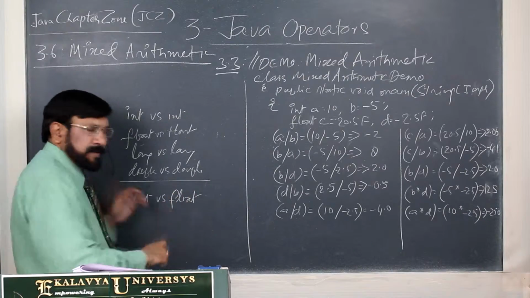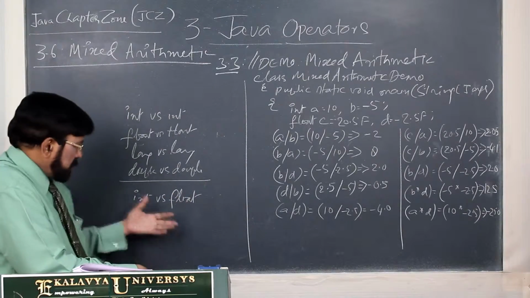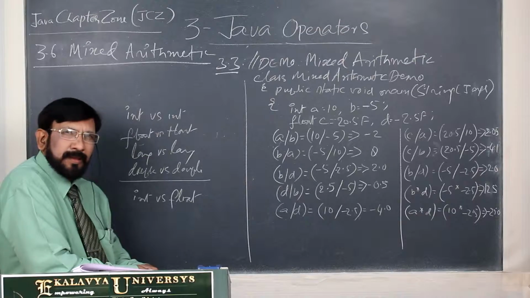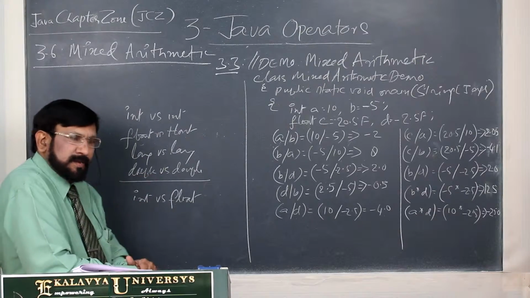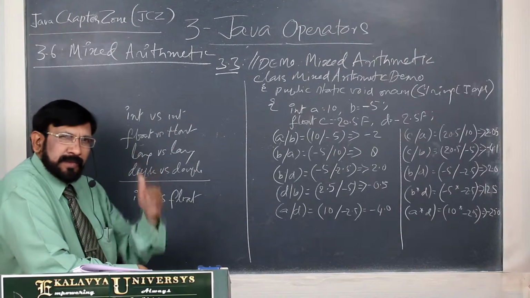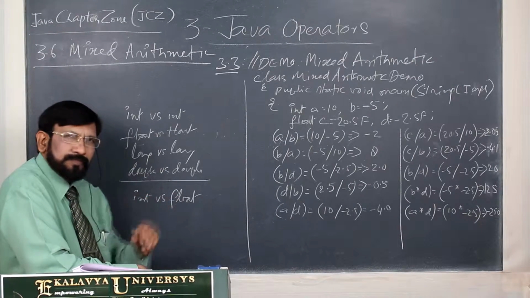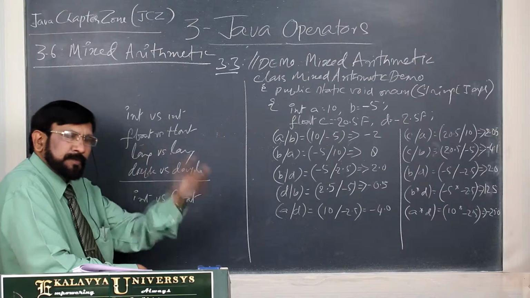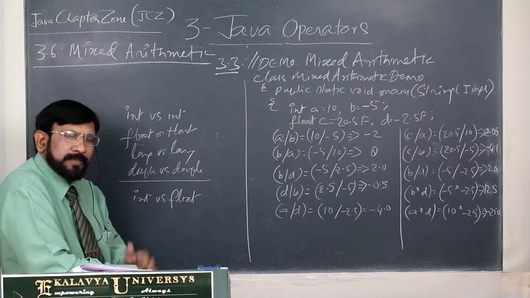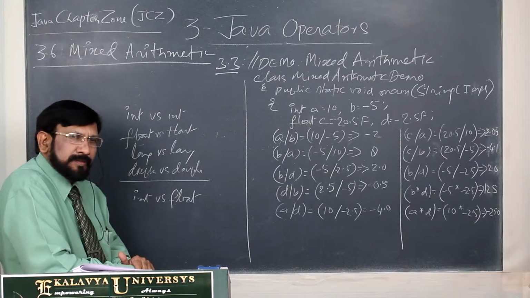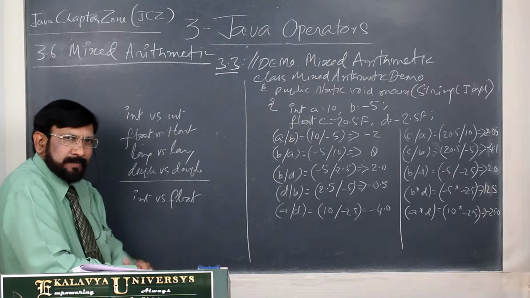The compiler does not know how to manipulate. Then what is the technique? Whichever is the inferior type between the two is first promoted to the superior one, then both will be the same, then the compiler knows how to act upon them.